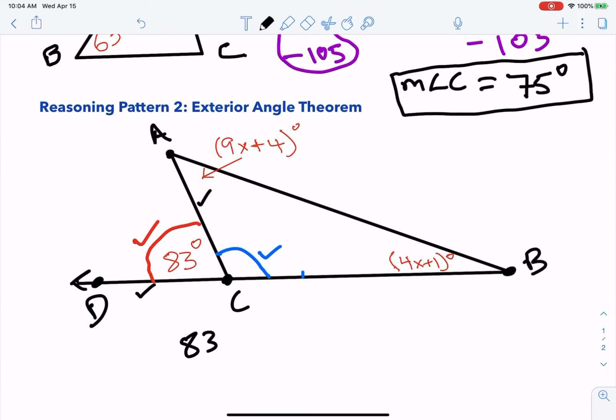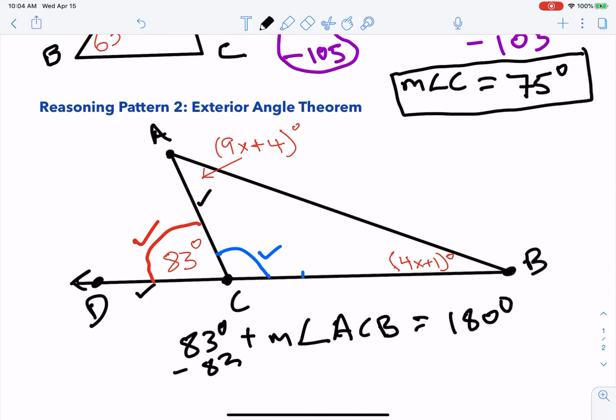83 degrees plus measure of angle ACB, we're going to call it. That's that interior angle that we don't know. Add up to 180. We subtract 83 on both sides, and we learn that the measure of angle ACB is 97 degrees.